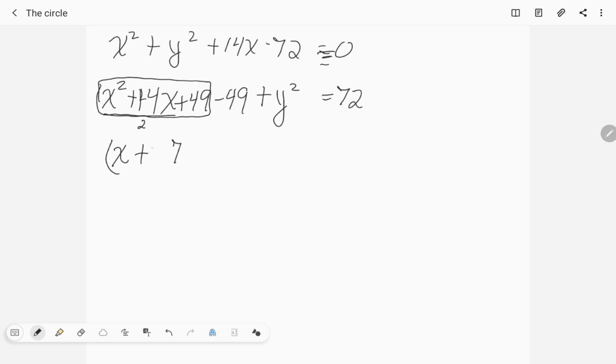Because there's a plus there, this would be (x plus 7) squared. Now I'm going to take that 49 and move it over here and add it. So I have plus y squared, and 72 plus 49 is 121. Now, this is in standard form.